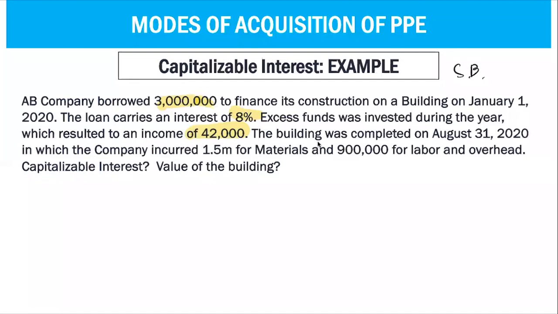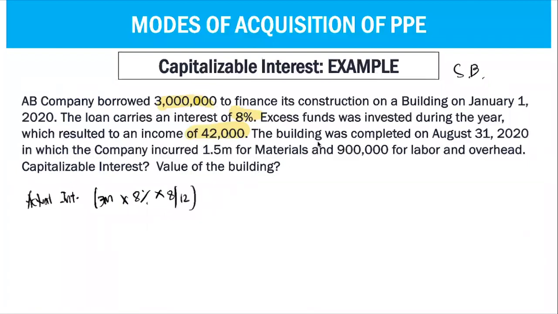Okay, so to compute for your capitalizable interest, we compute first for the actual interest. The actual interest is equal to your 3 million loan amount, multiplied by the interest rate, multiplied by the period. The period is January 1 to August 31. January, February, March, April, May, June, July, August. 8 months. So times 8 over 12.